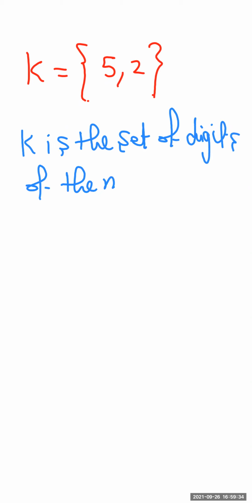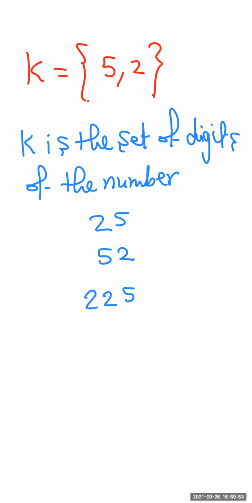No, no, no, here just give a very simple description. So it's 5 and 2. So 5 and 2, it's the set of digits of the number 25, 52, 225, 522, 525. All these answers are correct.